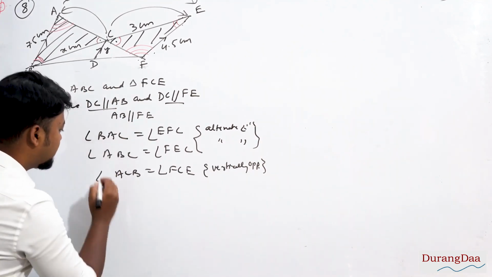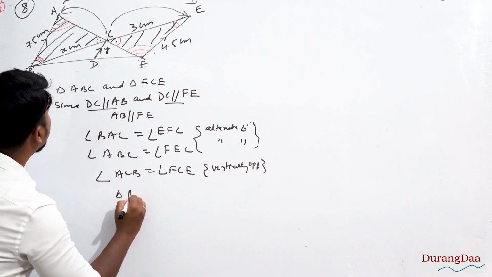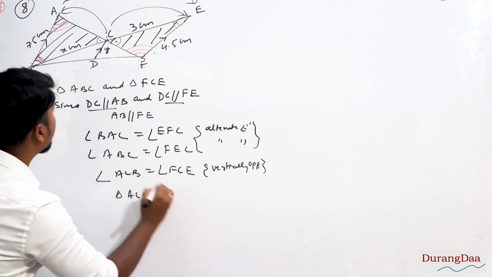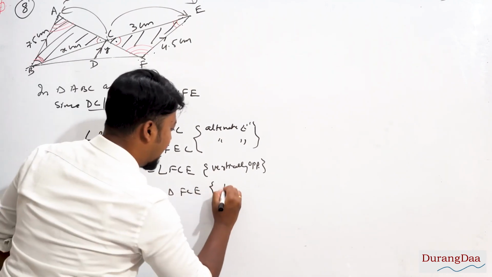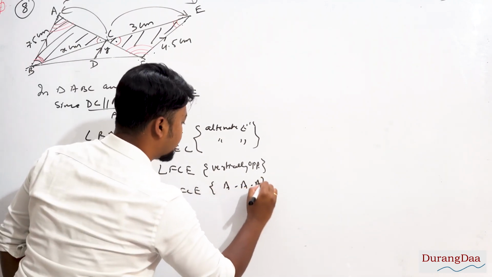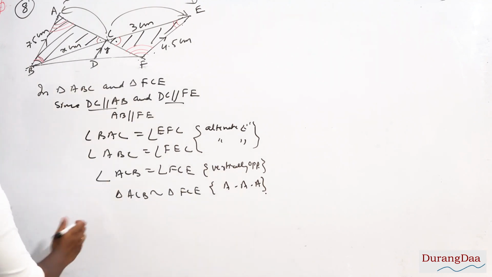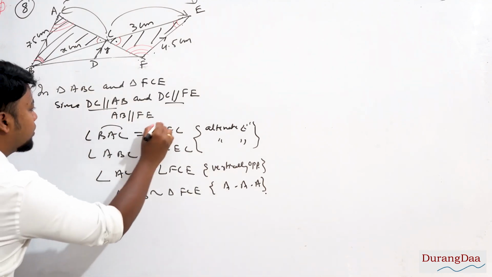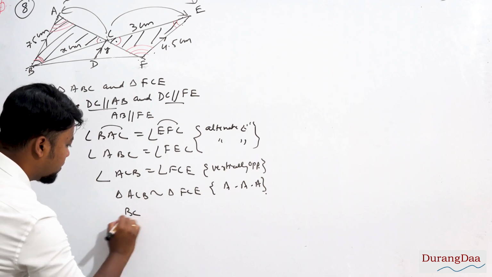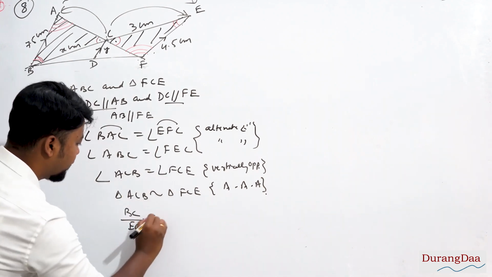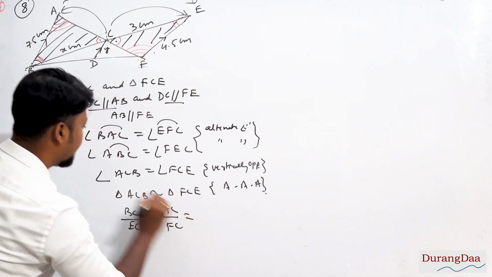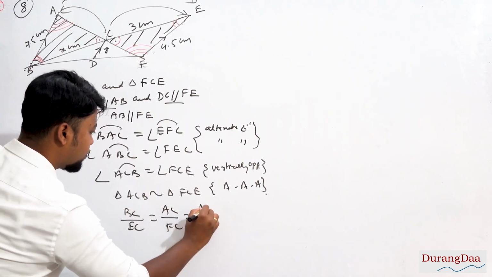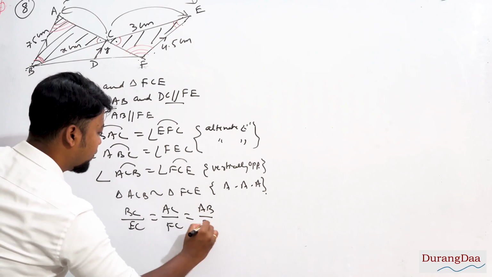Now using this we can state triangle ACB is similar to triangle FCE by angle postulate. Once you have done that, it would be easy to write the ratios. BC by EC equals AC by FC equals AB by FE.